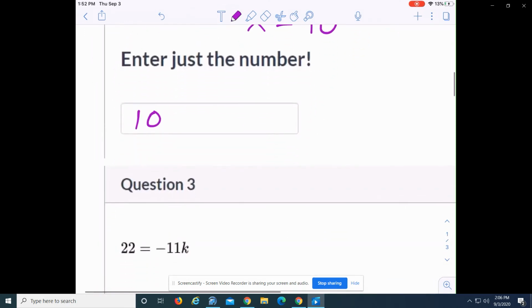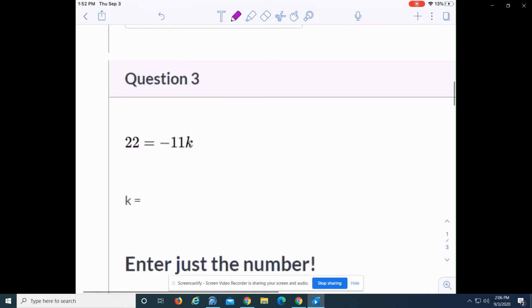And then we have this type of problem where we have 22 equals negative 11k. You're going to do the same thing. You're going to write the problem down. 22 equals negative 11k. Now you don't have to do this part, but I always like to have my variable or my letter on the left side.